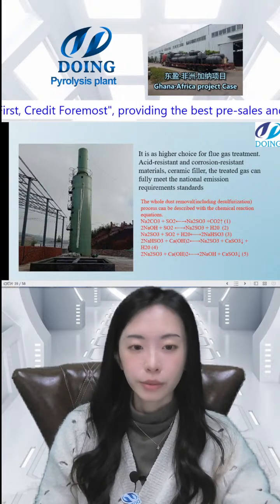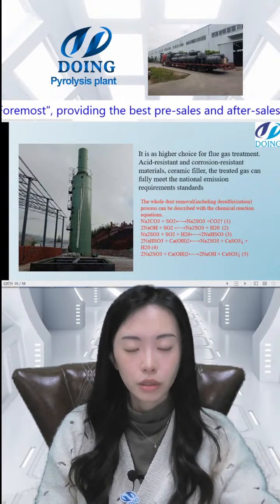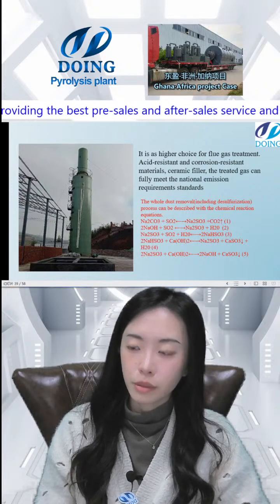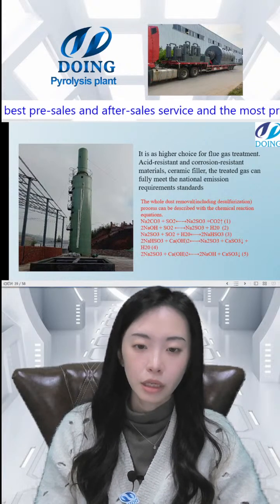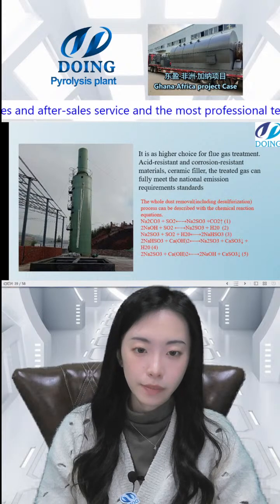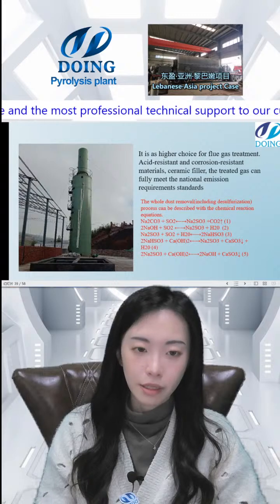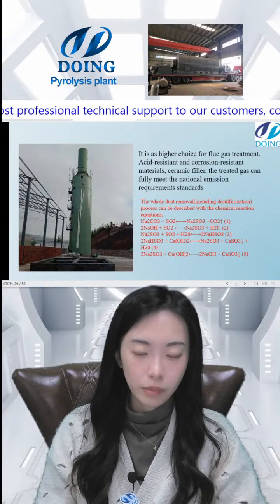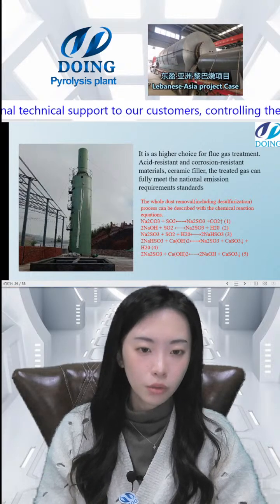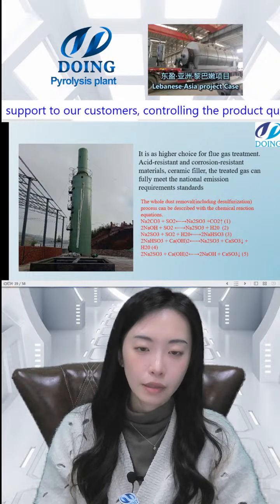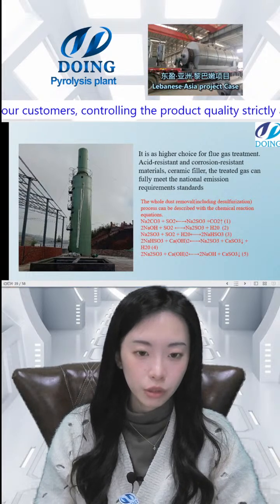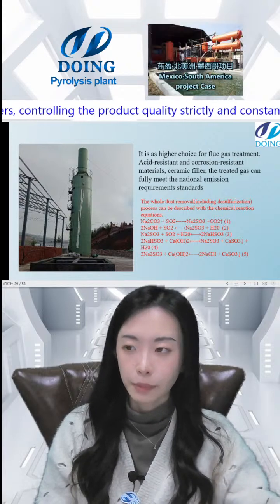And these are some principles. You can have a look. Or if you want it to be much clearer to understand, you can contact our sales manager, send your information to us privately, and we will add you immediately and give you the quotation, the price list, and a deeper introduction about these different steps.